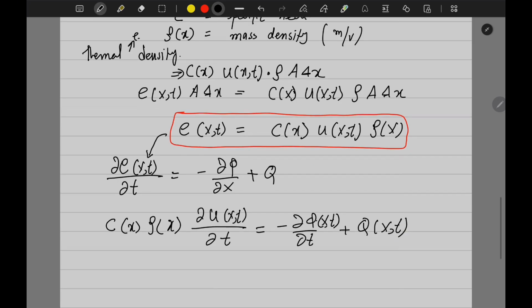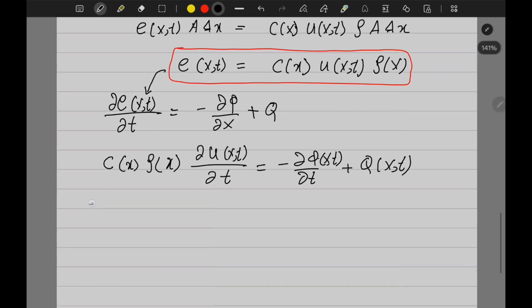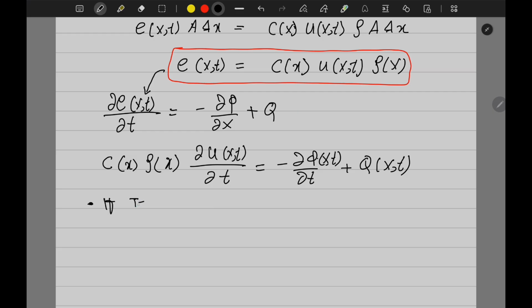Now here we will use Fourier's law, because this equation is regarded as one equation in two unknowns. The temperature u(x,t) is unknown and φ(x,t) is unknown. So, first, if the temperature is constant in the region, no heat will flow.